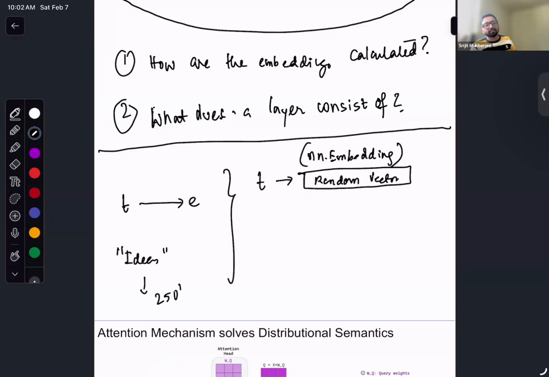Every token is different, but if two tokens are the same, they should have the same starting embedding. Does it make sense, all of you? That's why the index, then the lookup table, and then the random vector is done.